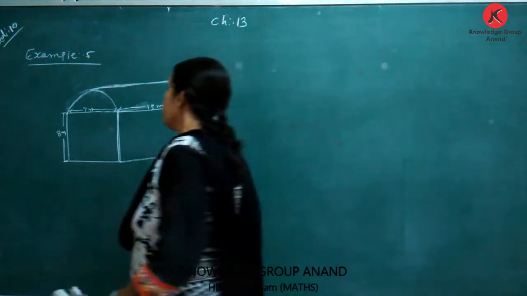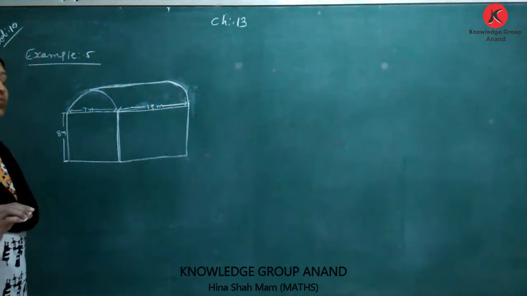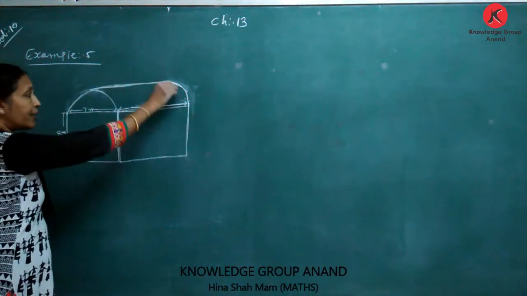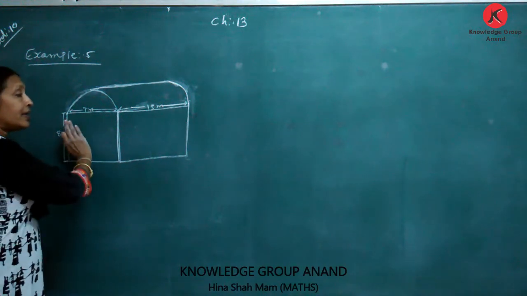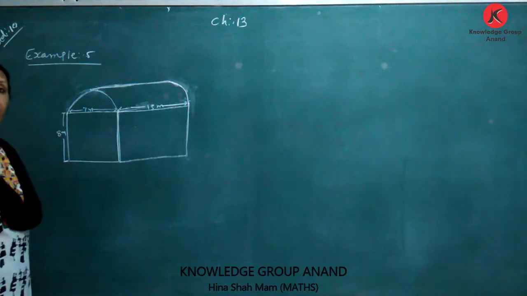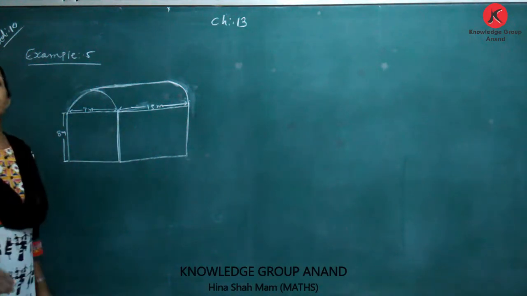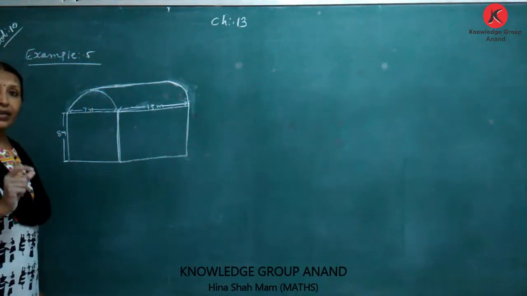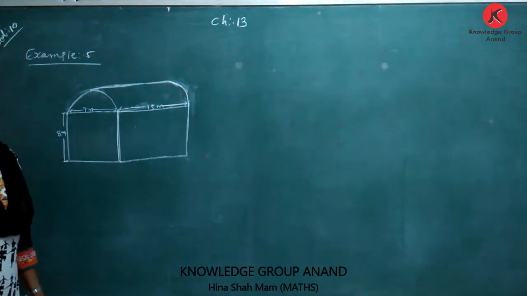In this question, the industry is in the shape of a cuboid surmounted by a half cylinder. There is no machinery and no workers in the industry, so find how much air is in this industry. The volume of air in the industry is equal to the combination of which two shapes?